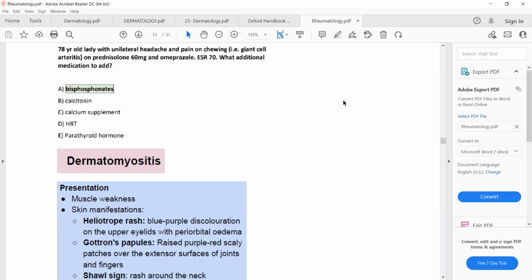SLE has a raised ESR. Rheumatoid arthritis has a raised ESR. Sjogren's syndrome can have a raised ESR. Raised ESR means there is inflammation going on in the body. These are all inflammatory conditions. So ESR is a non-specific marker of inflammation.